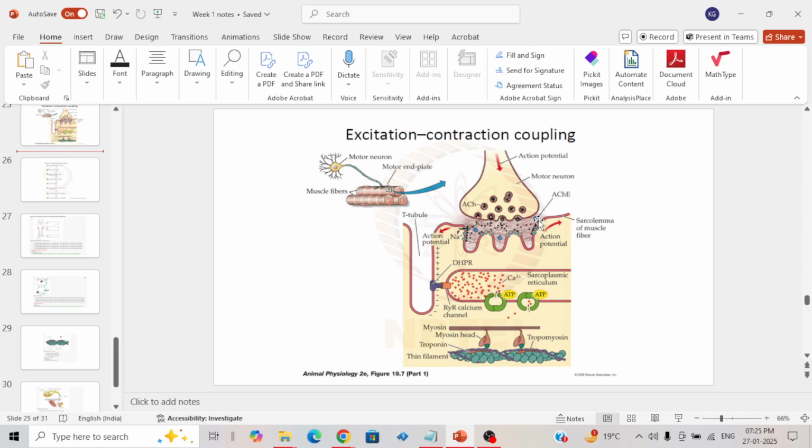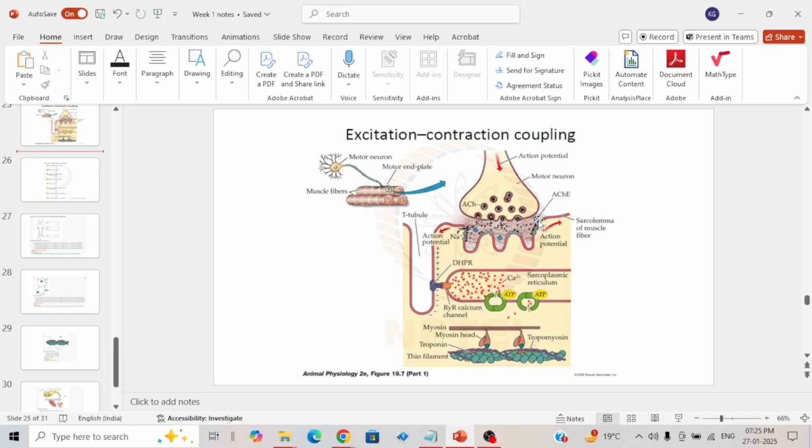Okay, so this is how the glucose uptake works. What about lymphoid cells, ma'am? In lymphoid cells the glucose is not stored.